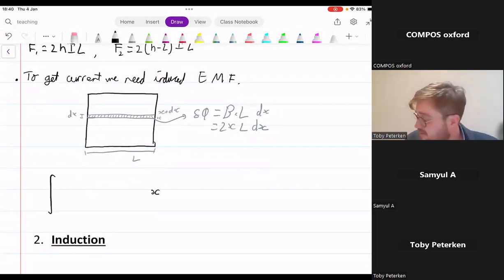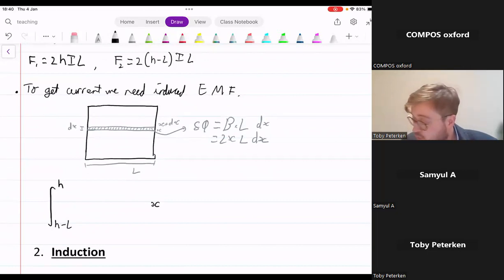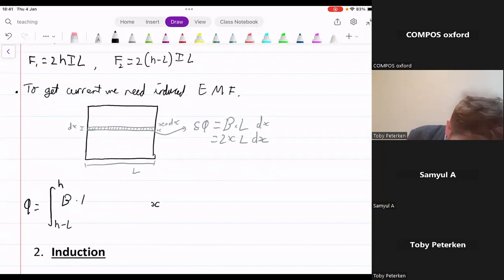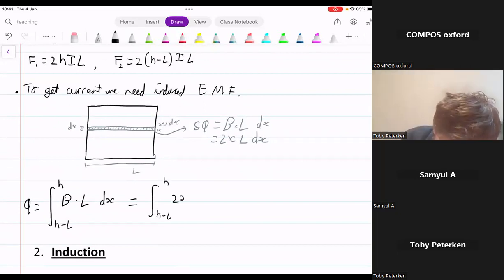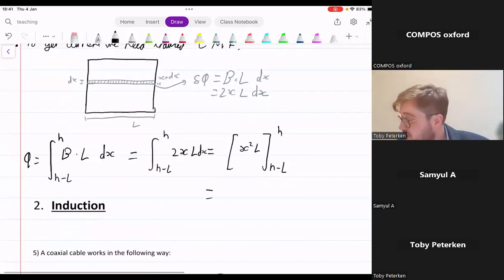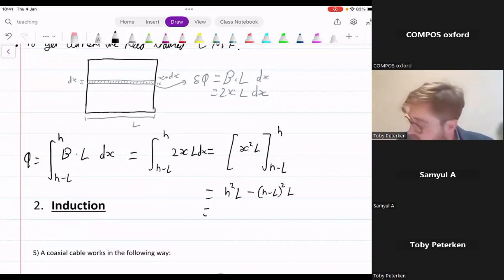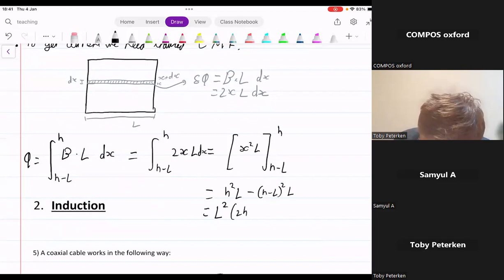So we integrate from x equals h minus L, the bottom of the loop, all the way up to h, of B times L dx, which is equal to the integral from h minus L to h of 2xL dx. Integrating, we end up with x squared L from h minus L to h, which is h squared L minus (h minus L) squared L, which is L squared times (2h minus L).